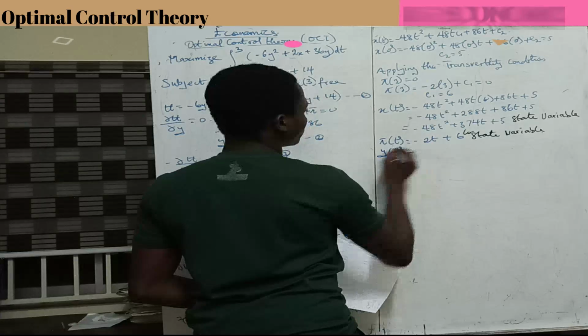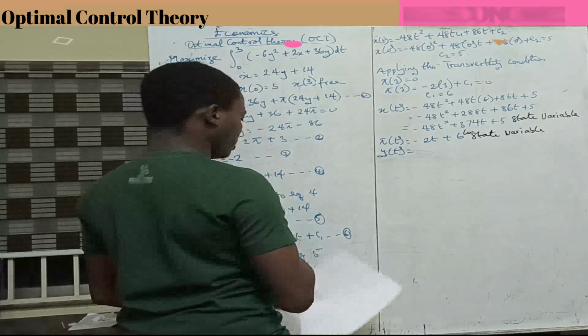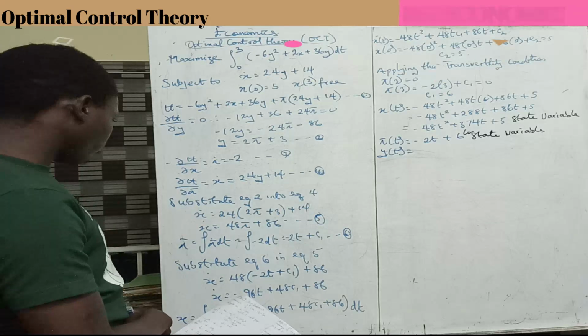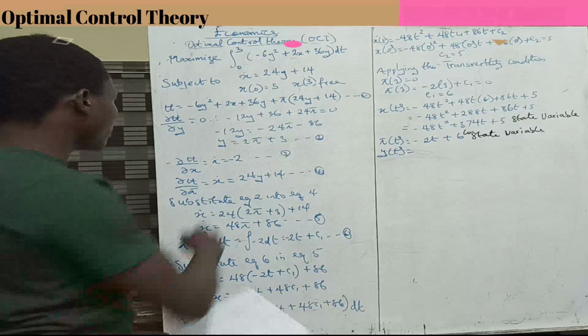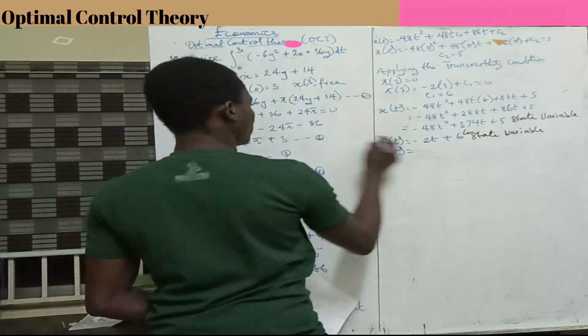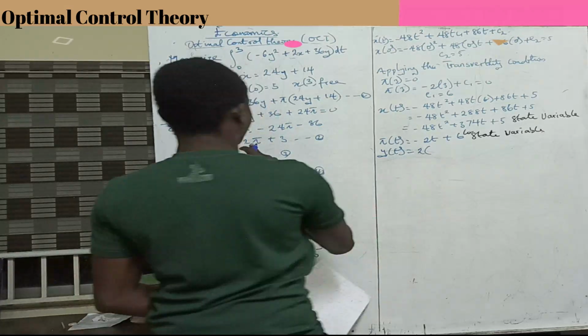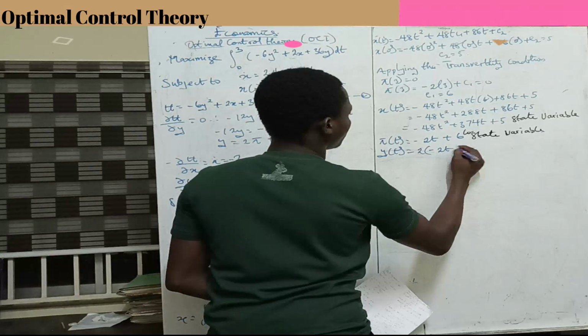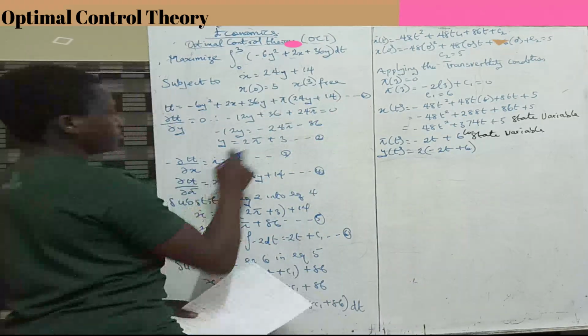Okay, and the control variable has a relationship with lambda. Where is the y? Y, where are you? So y equals 2 lambda plus 3.